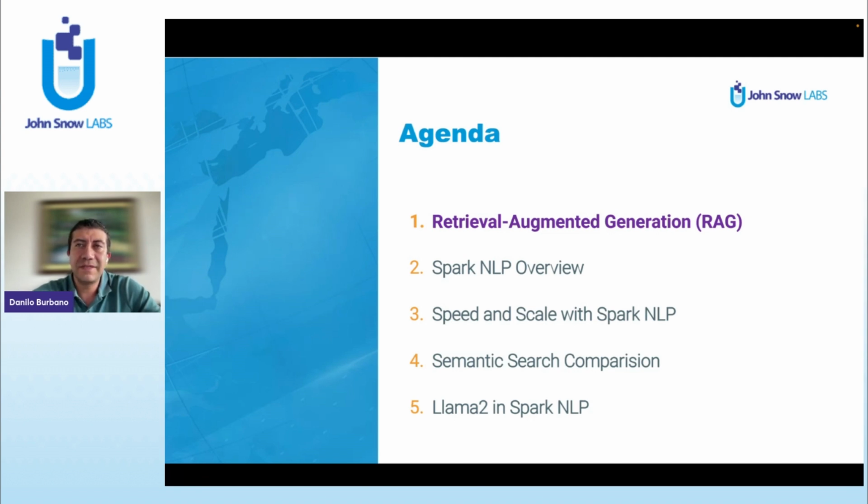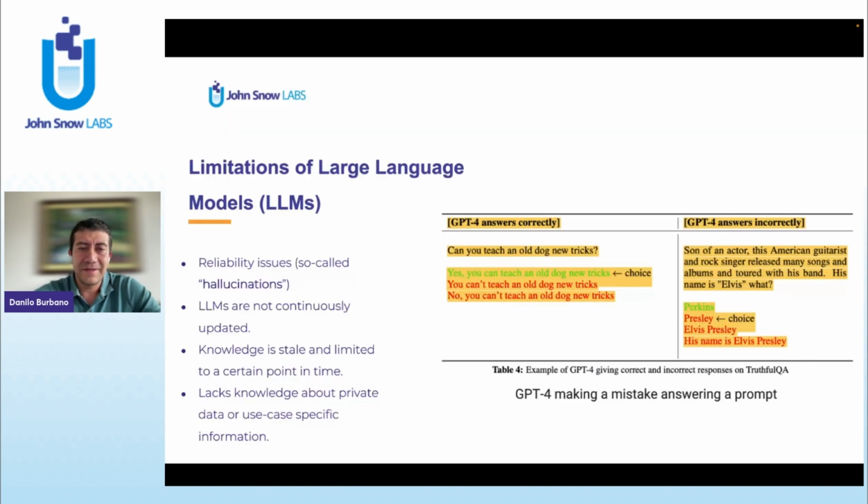Finally, we'll showcase how Llama 2 integrates with Spark NLP. This will include practical examples and use cases demonstrating the benefits of combining these powerful tools. By the end of this webinar, you'll have a solid understanding of how to leverage Spark NLP for scalable, efficient, and accurate NLP applications. Let's get started.